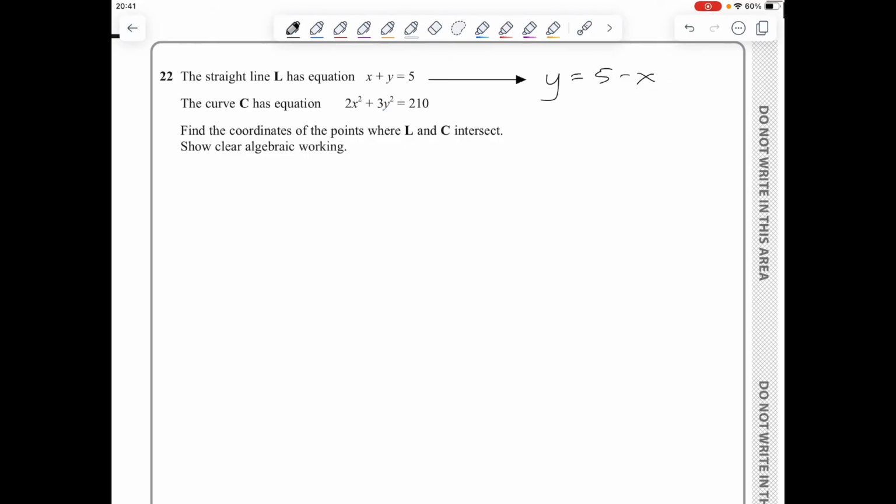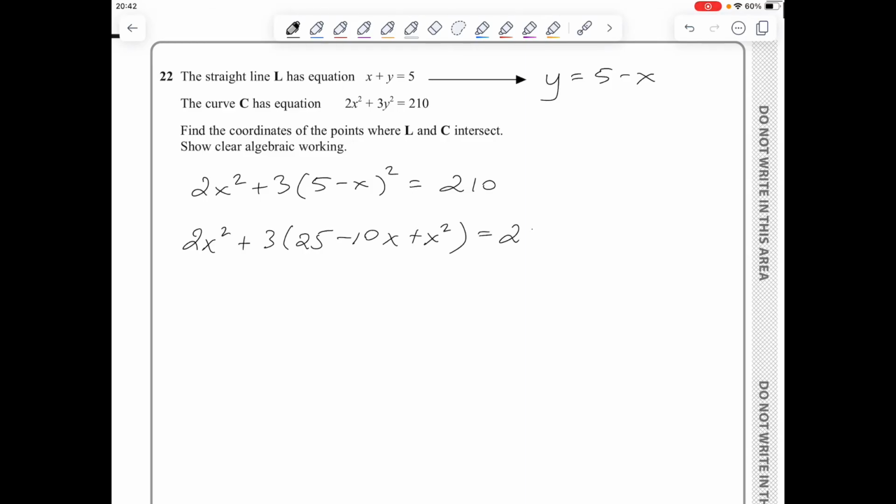So let's start. 2x squared plus 3 times 5 minus x squared is equal to 110. 2x squared plus 3 times 25 minus 10x plus x squared is equal to 110. 2x squared plus 75 minus 30x plus 3x squared is equal to 110.